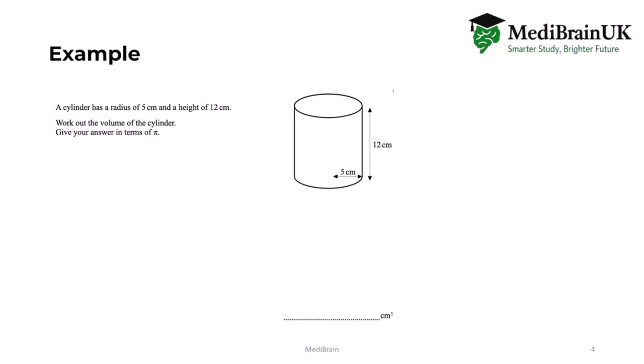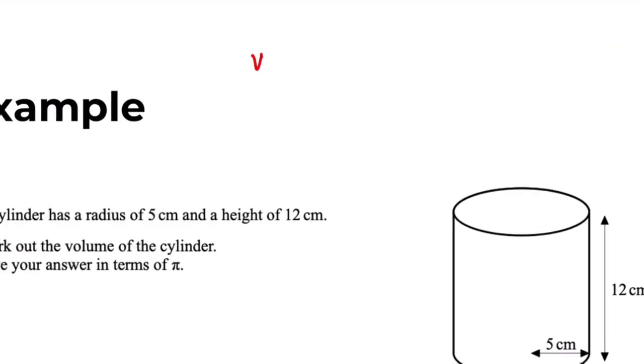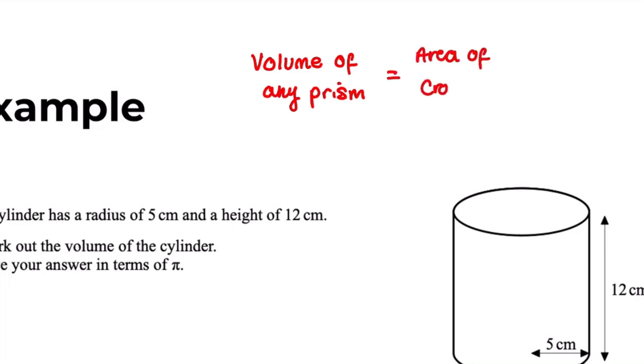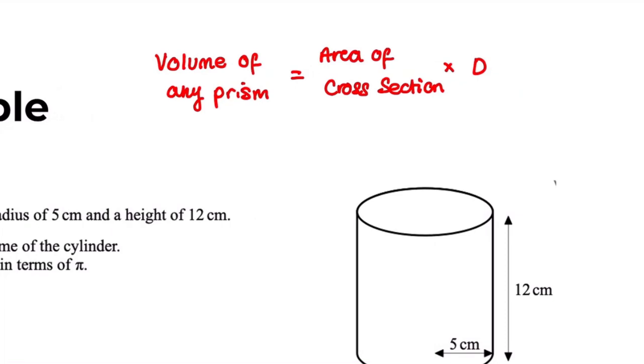So remember in our last lesson, or a couple of lessons back, we looked at the volume of any prism. And to work out the volume of any prism, we looked at the fact that you can do the area of the cross section and you can multiply it by the depth.